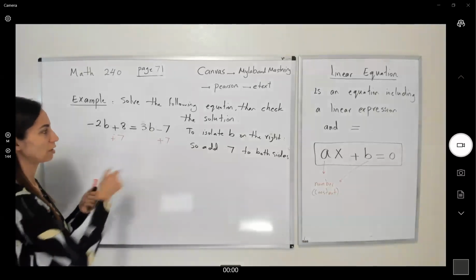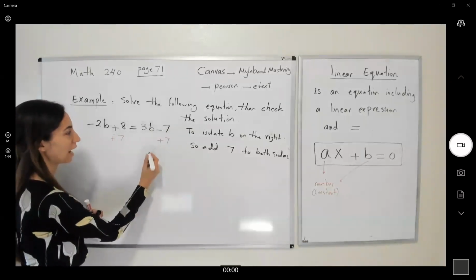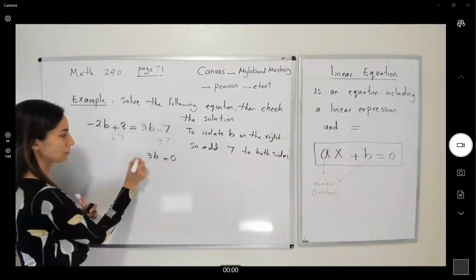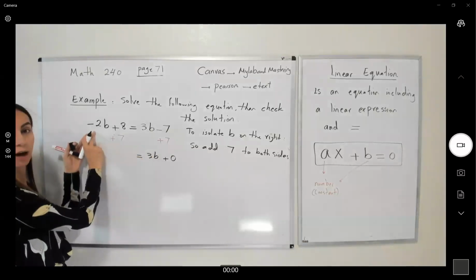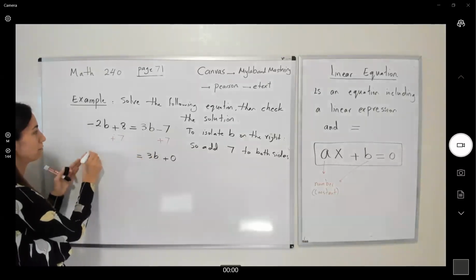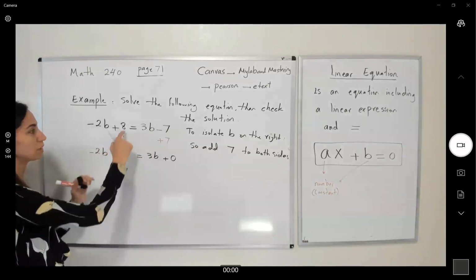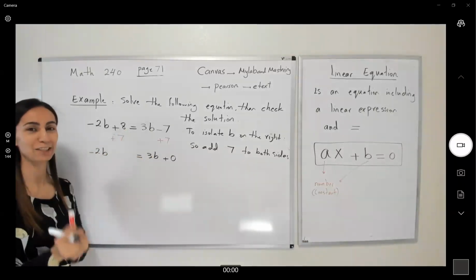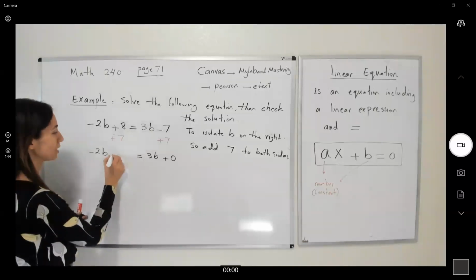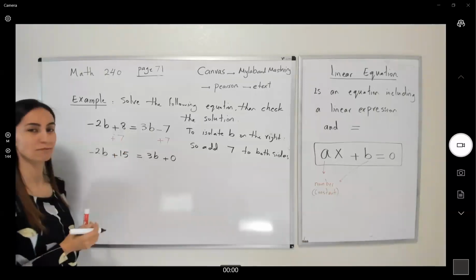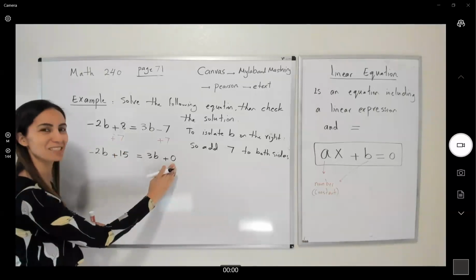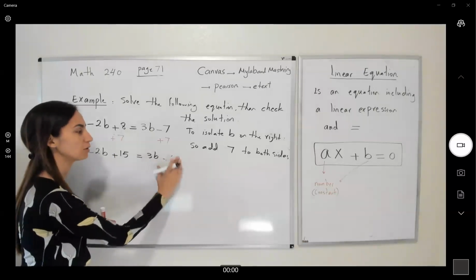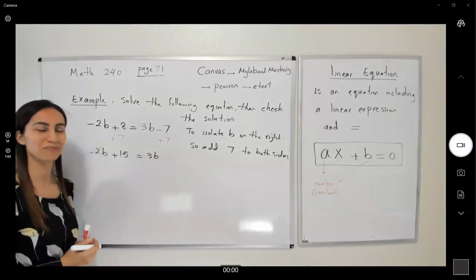On the right-hand side, now I have 3b plus 0 equals, I'm copying down my linear term, negative 2b plus 8 plus 7. You're adding these two numbers, you get positive 15. Again, since you have 0 plus a term, you can just ignore this 0.